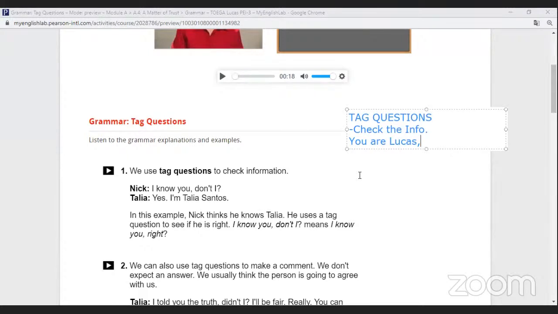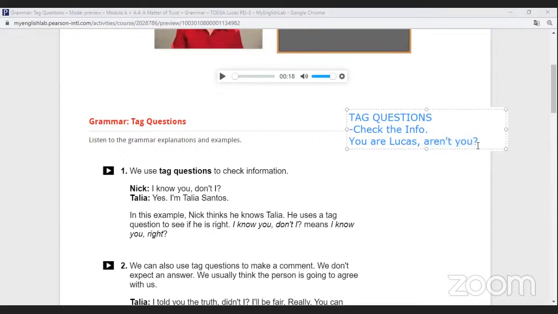So, for example, you are Lucas, aren't you? So this part is the tag question, okay? This part means like "verdad, no ve, cierto", okay?